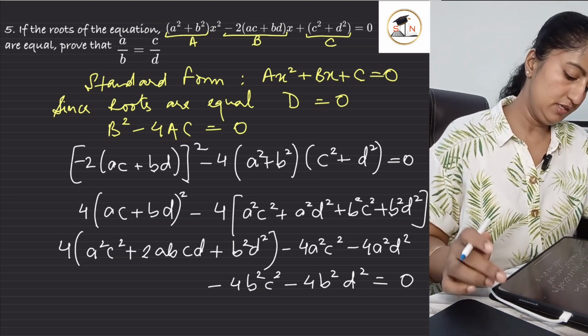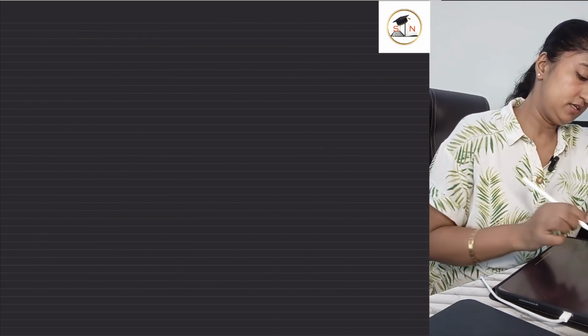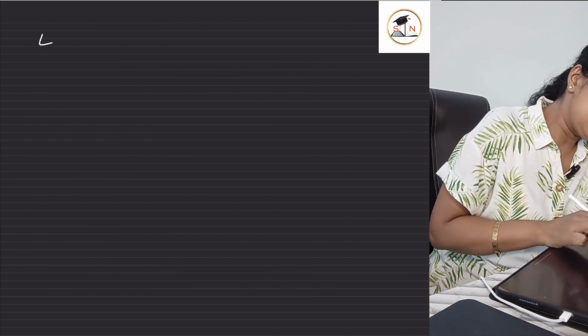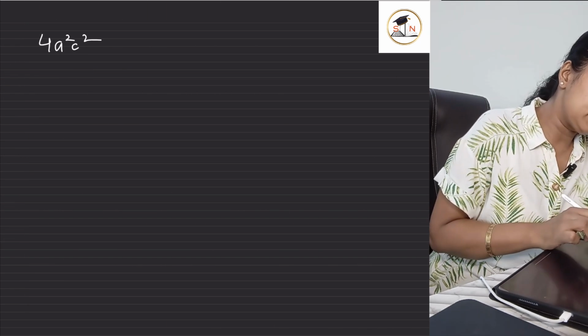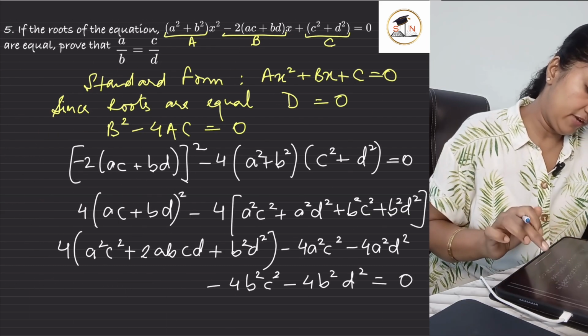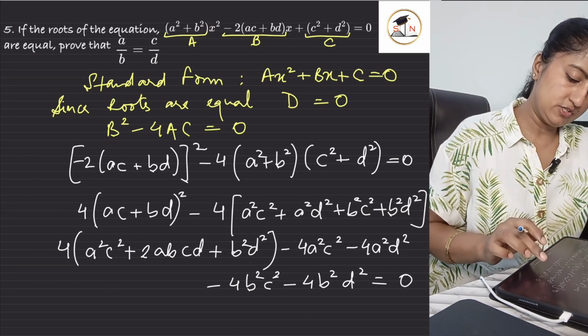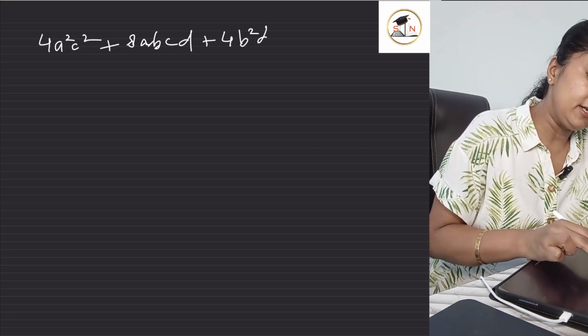Okay. So what we get over here is 4 times a square c square plus 8 ABCD. We had to multiply 4 with inside. So plus 4b square d square.